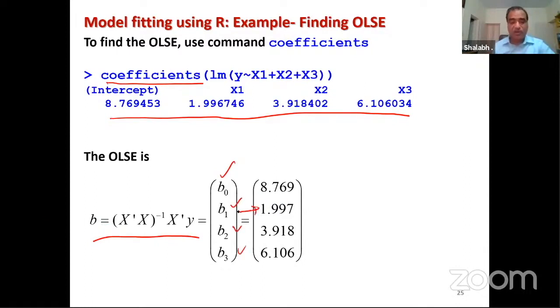It is very important for you to understand how these values are found and what they are indicating. We had understood that B1 indicates the average rate of change in the average value of Y when there is a unit change in the value of X1. Similarly for B2 and B3 also.